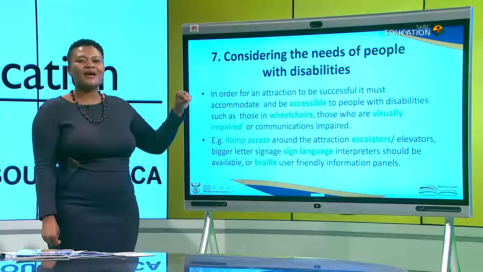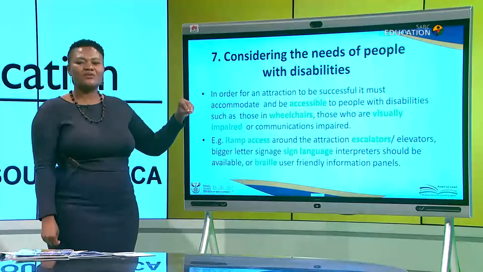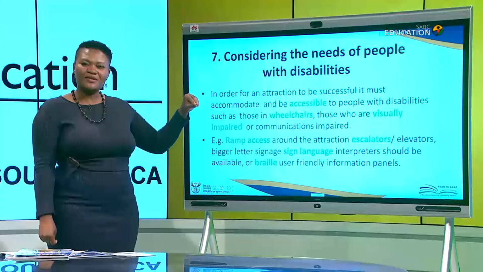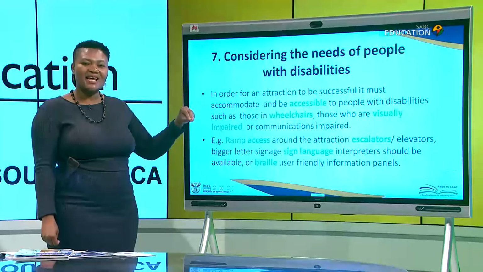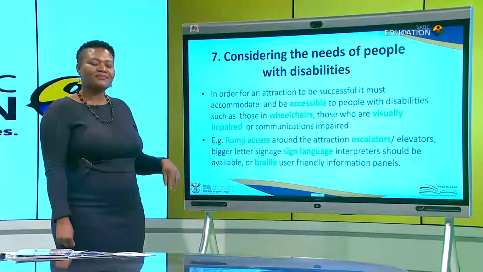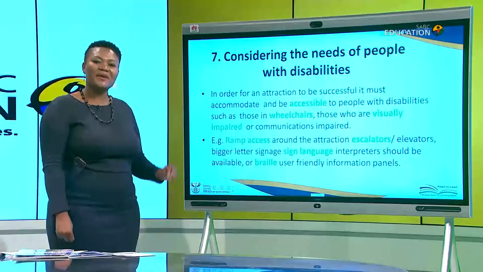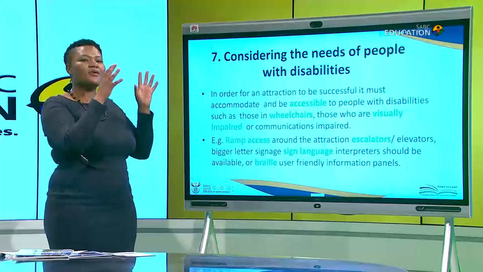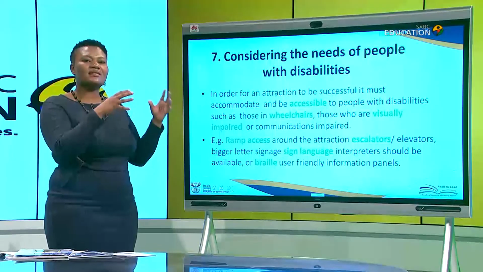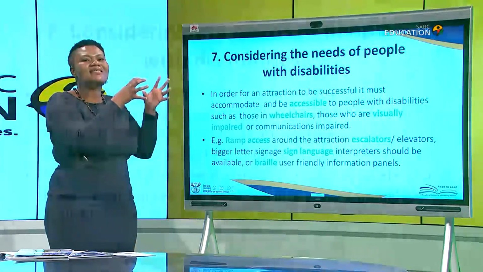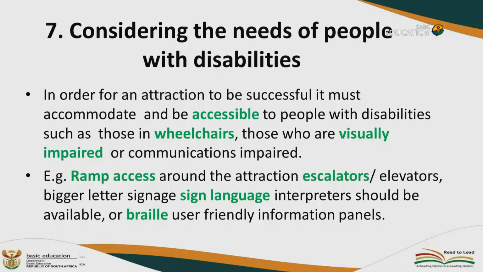Ma'am is trying to clarify these two factors: the one considering the needs of people with disabilities, and the eighth one, universal access. So please pay attention. When you talk about considering the needs of people with disabilities, we are referring to those with disabilities only, considering their needs. Am I understood?